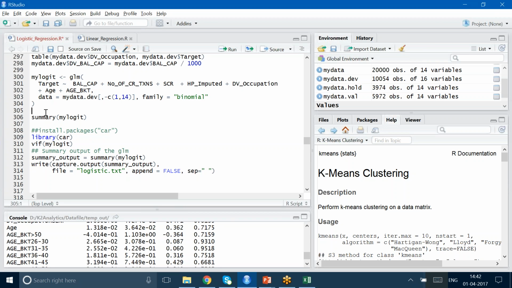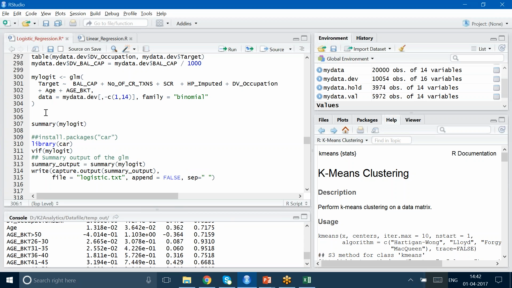Let us change our age variable. We are working on the dev data, so my data dot dev dollar dv. I have this convention: once I enter into modeling, to avoid confusion with my original variables, I keep using dv underscore, because that helps me identify a derived variable. This is the transformation step.